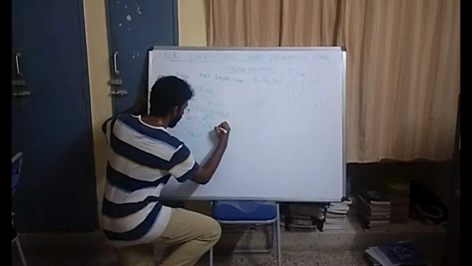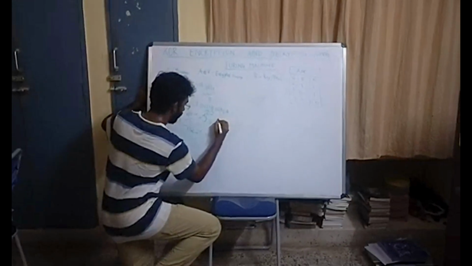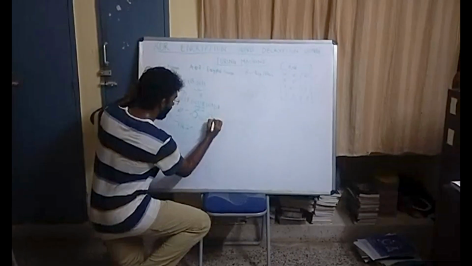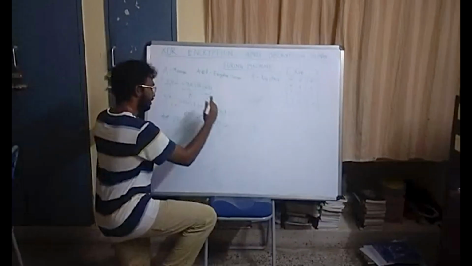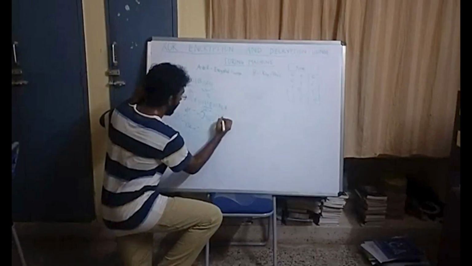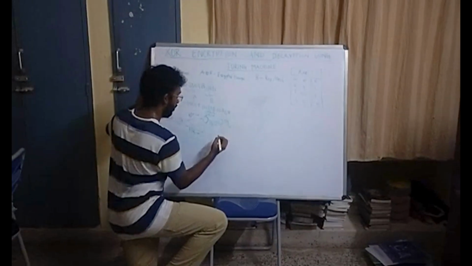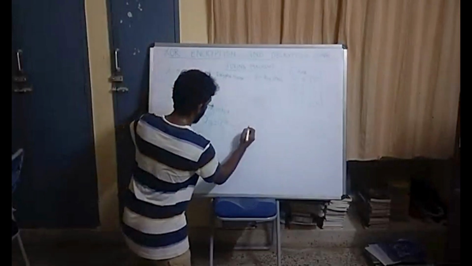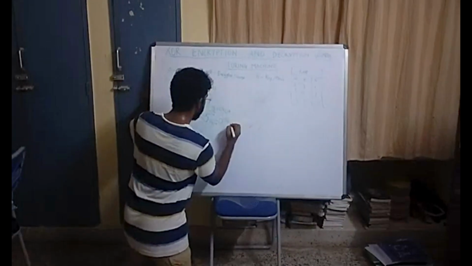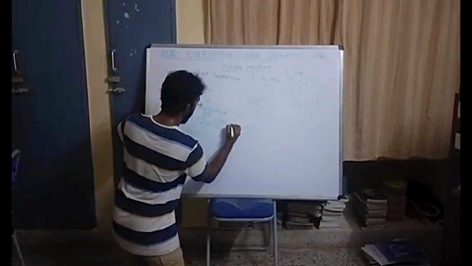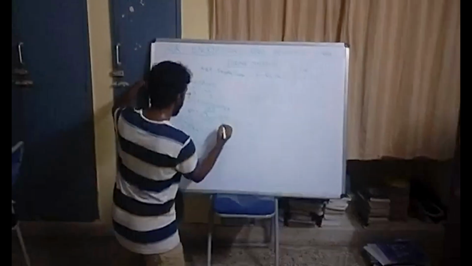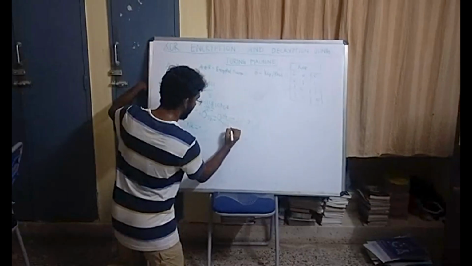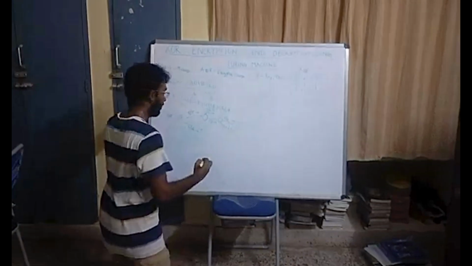So when we read 0 here, we are going to replace this with R, and when we read 0 here, we are going to replace it with R, and when we read 1 here, we are going to replace it with S.